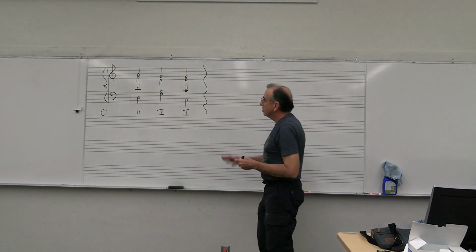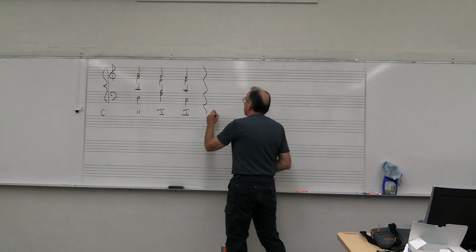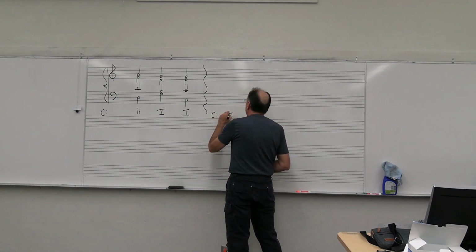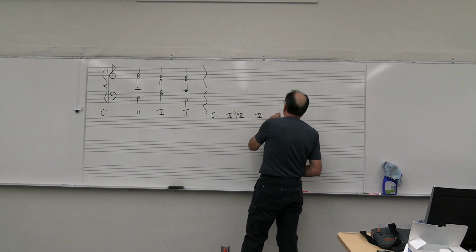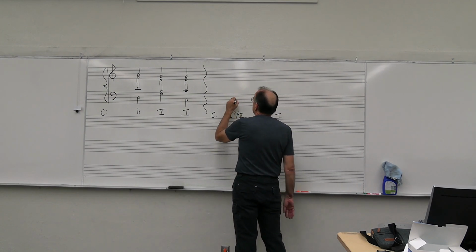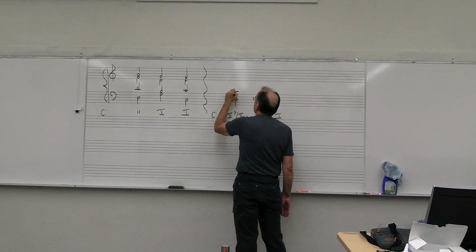Or I can strengthen that progression instead by writing 5 of 5 to 5 to 1, and that's going to look something like this.